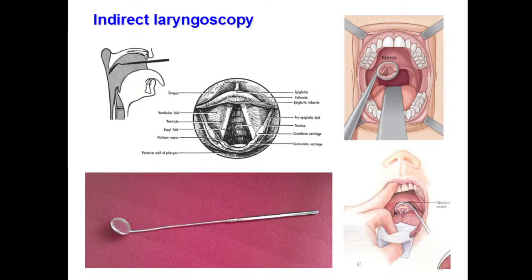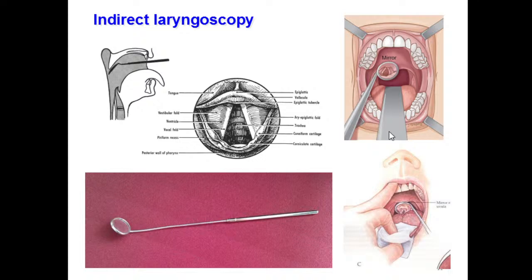So how can we investigate the larynx? Of course, the most ancient method, if we can call it that, is so-called indirect laryngoscopy. It is the investigation when we use a special laryngeal mirror. This mirror we introduce close to the uvula, and sometimes we press the uvula backwards with this mirror.